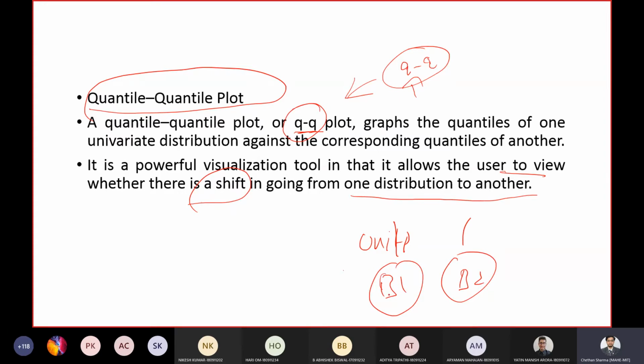B1 is one distribution, B2 is another distribution, and the attribute you are concentrating on is unit price. If you want to compare this, whether there is a shift or no shift, the best way to visualize that is by plotting a QQ plot.